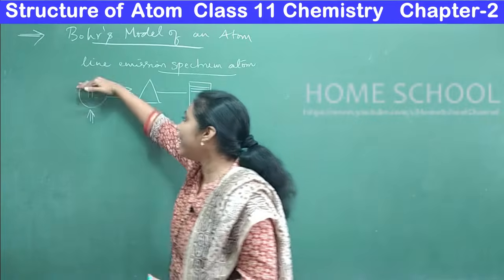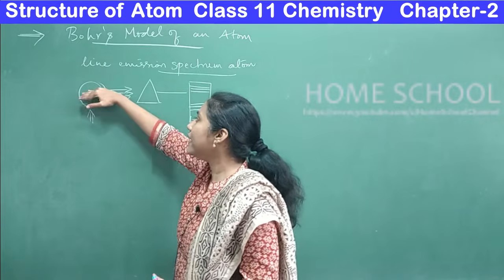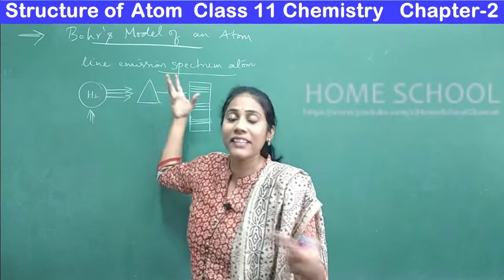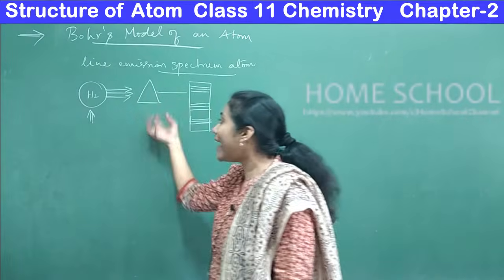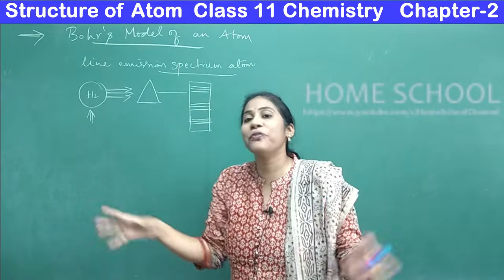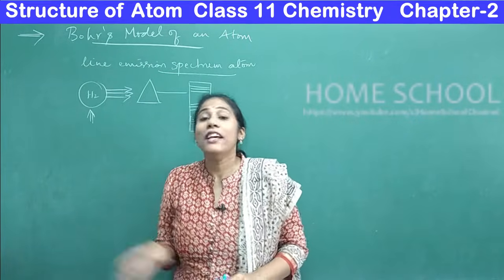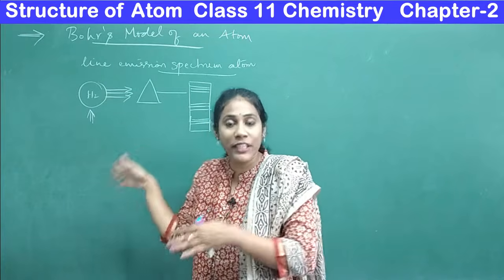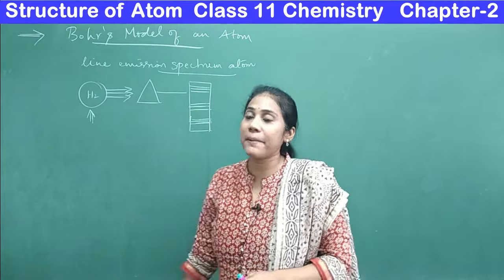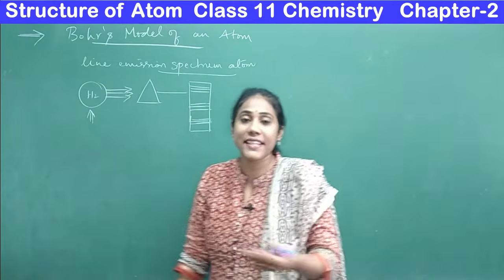Whenever we heat or supply electricity, it will emit radiation, I told. So why does it actually emit radiation? What actually happens within the atom? That was beautifully explained by Bohr. All that we are going to learn later: what he told, why this radiation is emitted, when this radiation gets emitted.